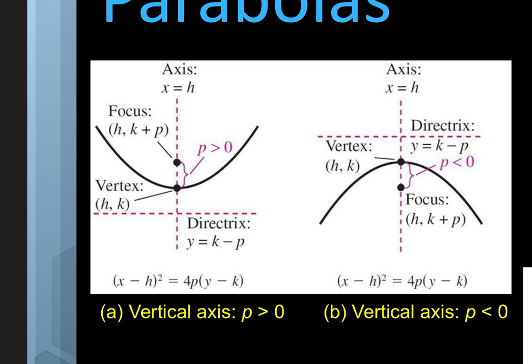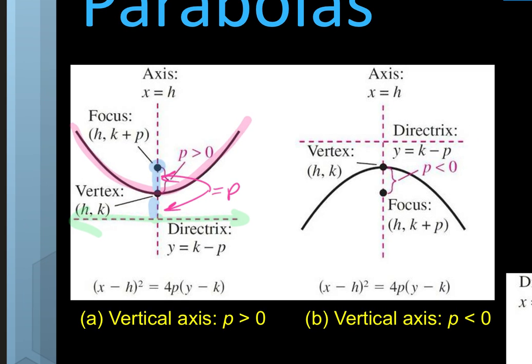On the left-hand side, you've got the parabola, and your focus is p units above the vertex if it's a vertical parabola that opens upward. And the directrix is p distance below. So in both these cases, the distance here and here are the same. The distance from vertex to focus is the same as the distance from vertex to directrix.